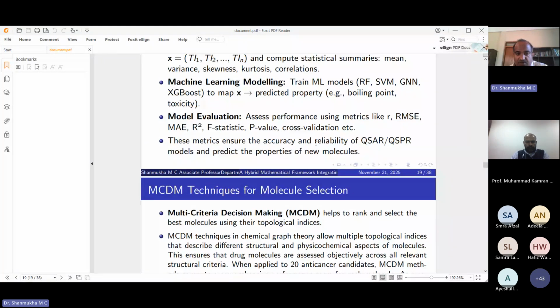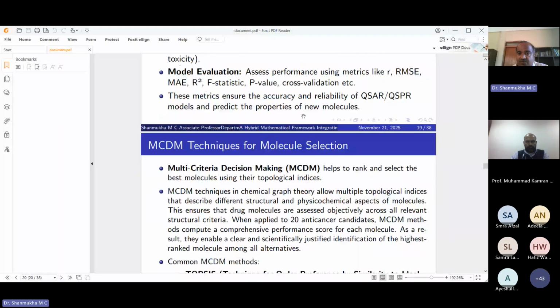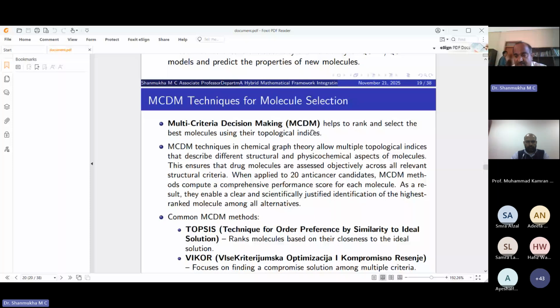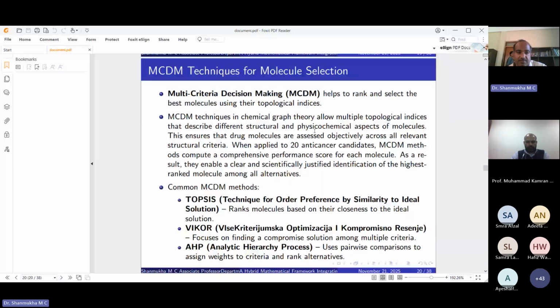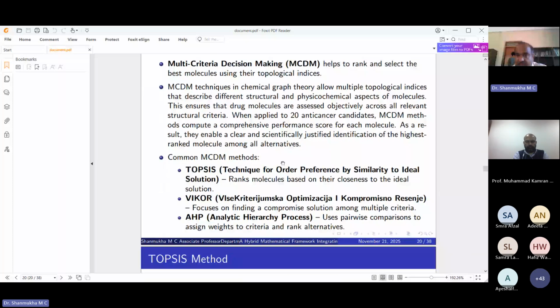Next, we move on to MCDM techniques for molecule selection. So MCDM techniques help to rank and select the best molecules using their topological indices. MCDM techniques in chemical graph theory allow multiple topological indices that describe different structural and physicochemical aspects of molecules.